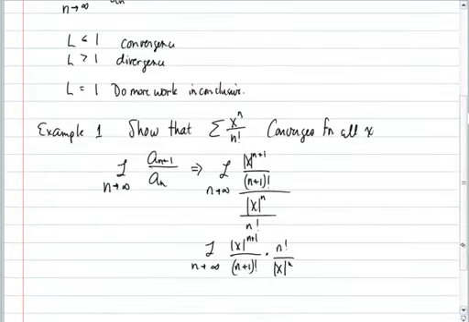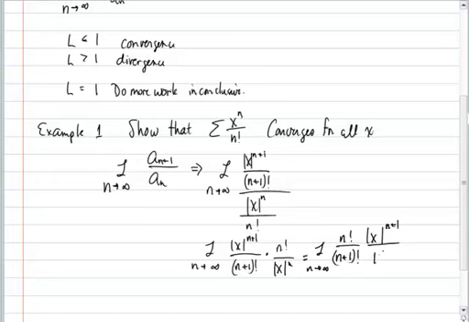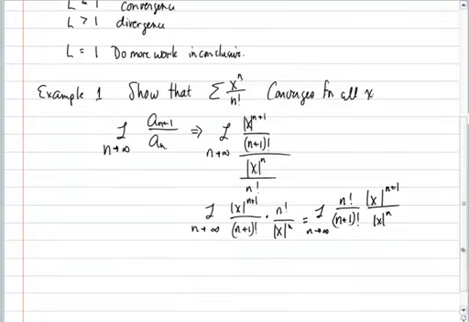Now, when we evaluate these limits, we like to group the n terms with the n terms, because that tends to help, and the x terms with the x terms. So that would be the absolute value of x to the n plus 1 over the absolute value of x to the n. Now, some things are going to cancel out.